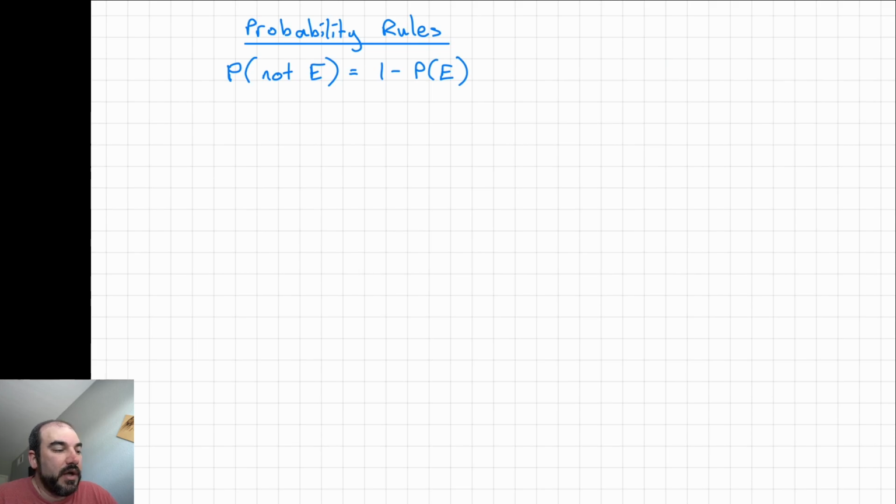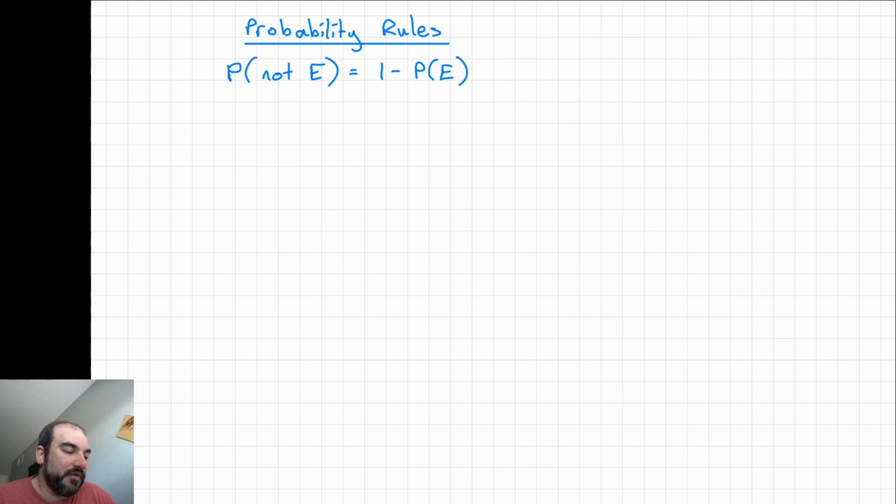If you're rolling a single die, and I'll talk about all of these in terms of a single die roll, the probability that you get a 5 and the probability that you don't get a 5 cover the whole sample space, right? The whole sample space is rolling a 1, 2, 3, 4, 5, or 6.